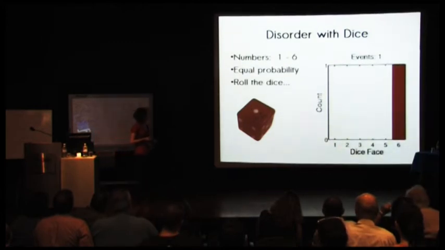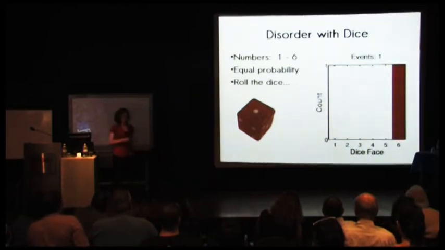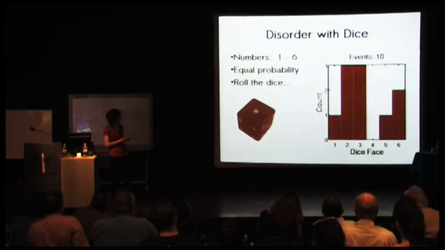Here on the bottom are the numbers that you can get for the dice face. We roll the dice once, and then we count what we get. For this particular roll, we got the number 6. We can do this several more times. Here we roll the dice 10 times, and we see this particular distribution. We got number 1 once, number 2 three times, and so forth.